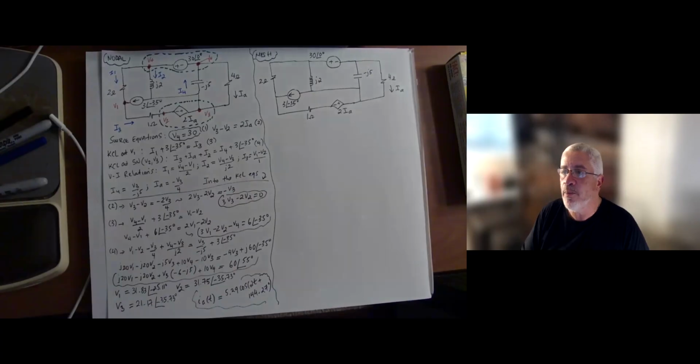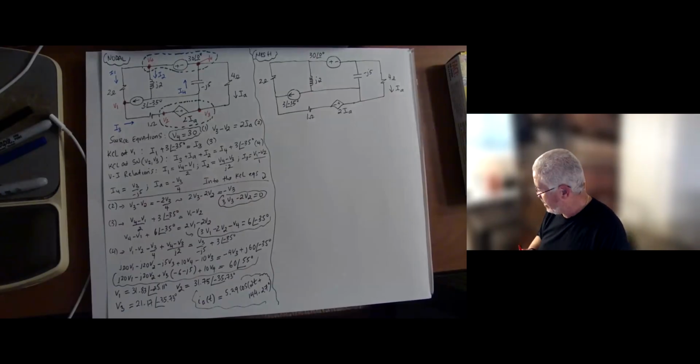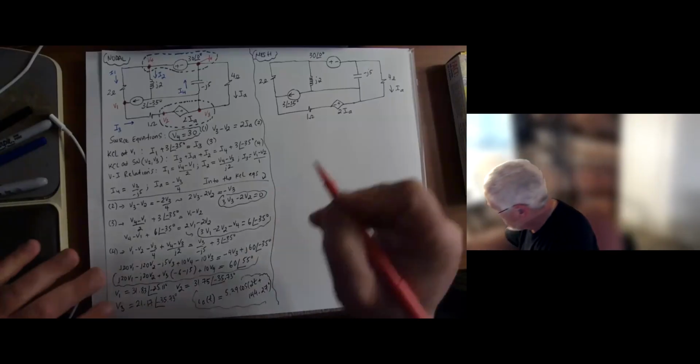So now we're going to basically do the mesh analysis part here. So in nodal here, we look at nodes and then node voltages. In mesh, I'm going to look at mesh currents.